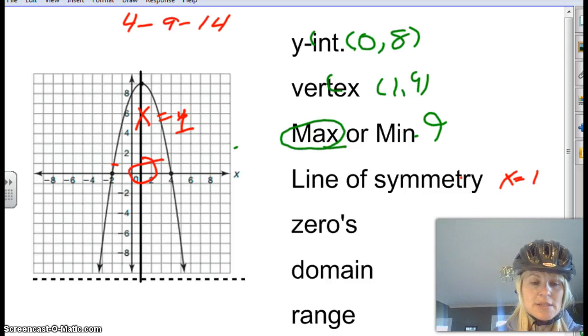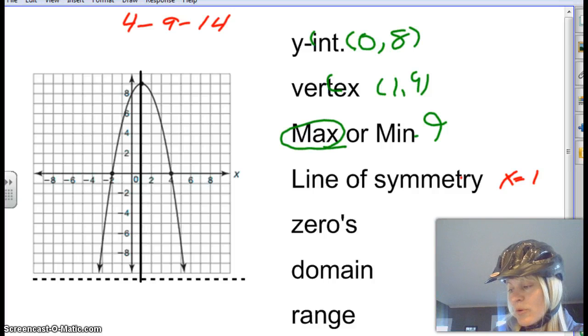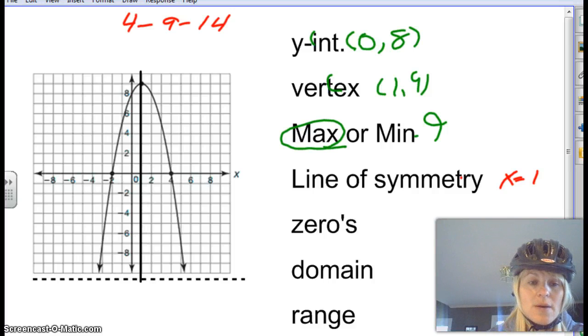Okay. And we talked in class about the zeros today. The zeros are where it crosses the x-axis. Okay, so with a parabola, generally there are 2 zeros, or just one if the bottom hits at one time.